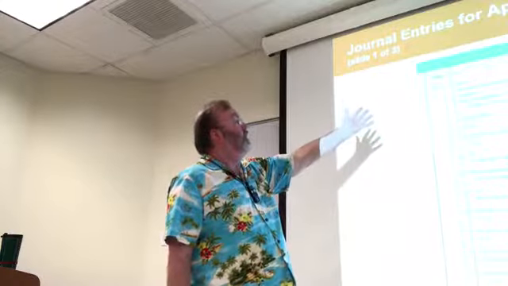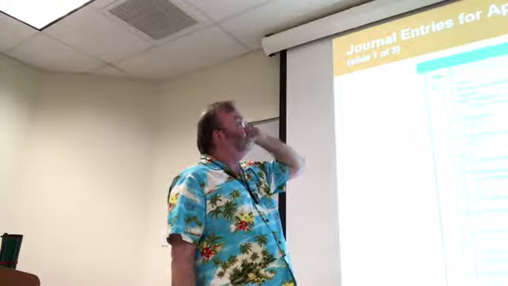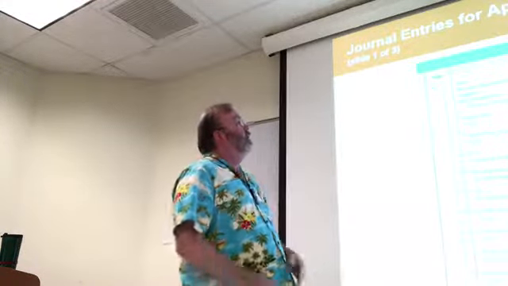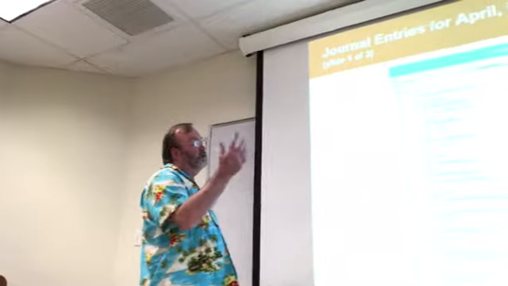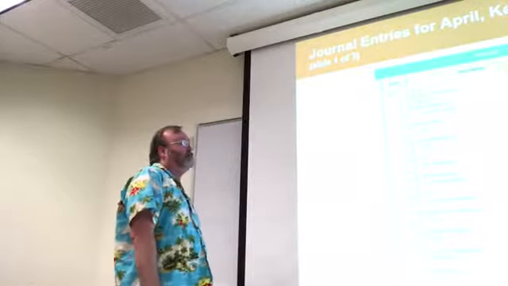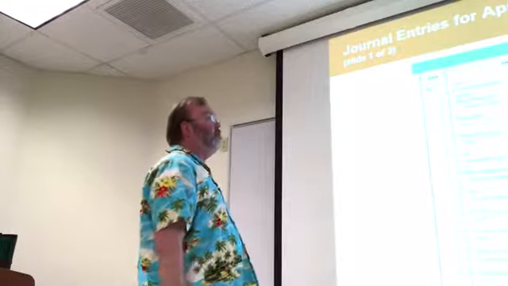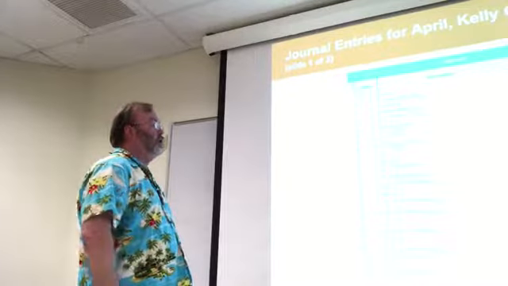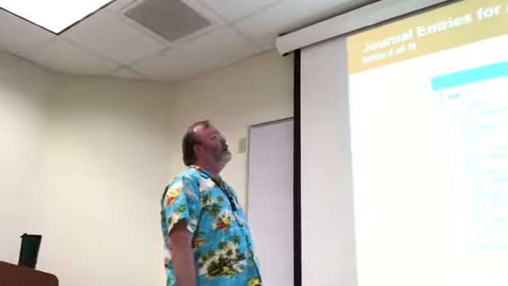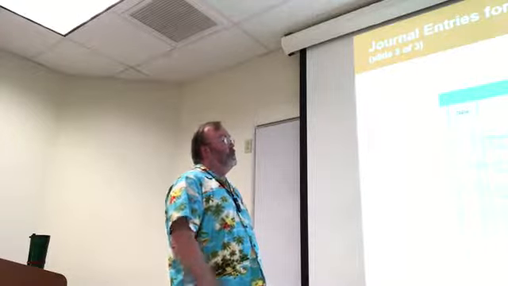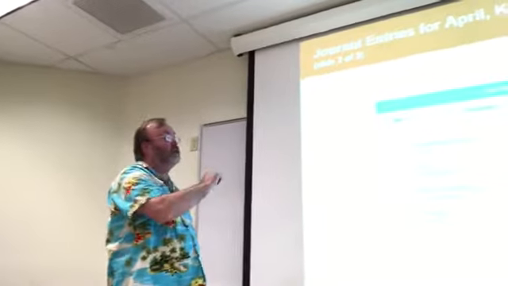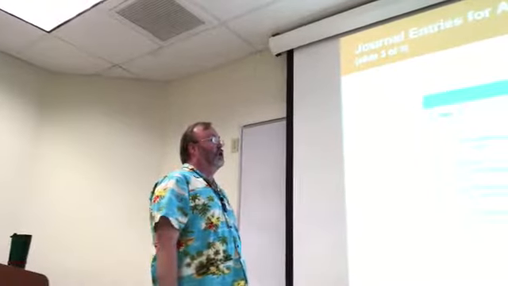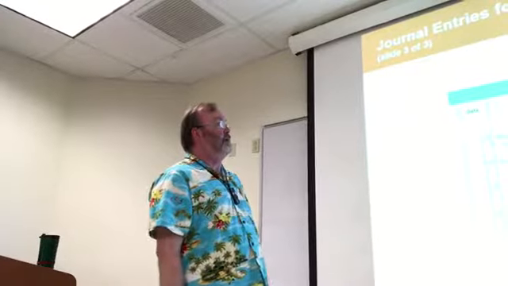So here's the journal entries. So debiting cash, accounts receivable, supplies in exchange for common stock, paying for prepaid rent, paying for prepaid insurance. So these are all the chronological journal entries that occurred throughout the period in time.